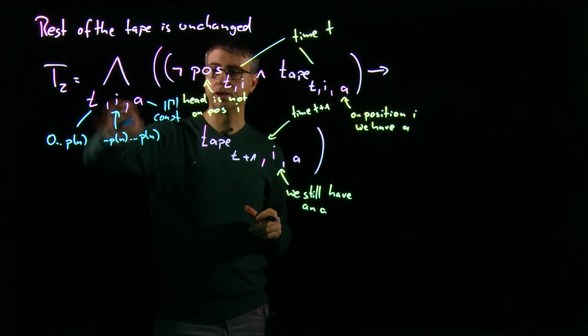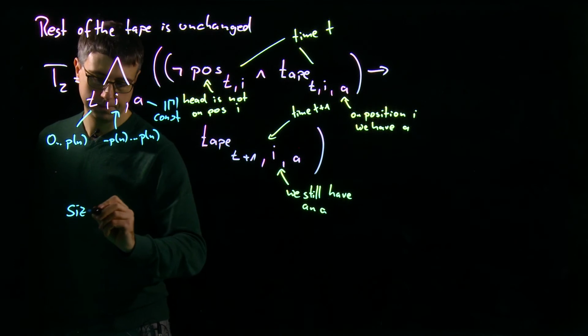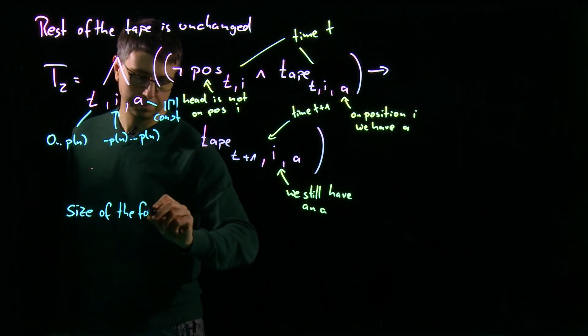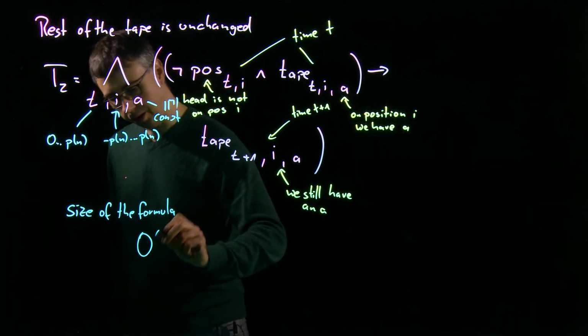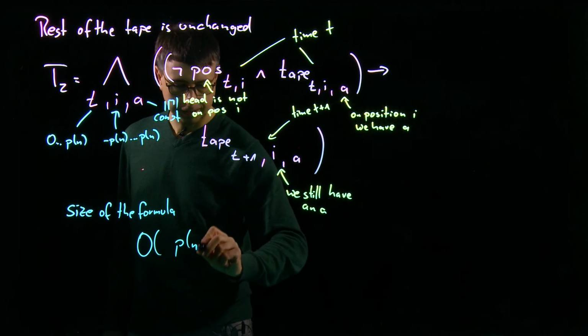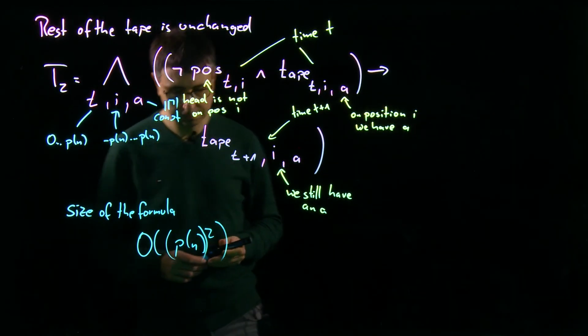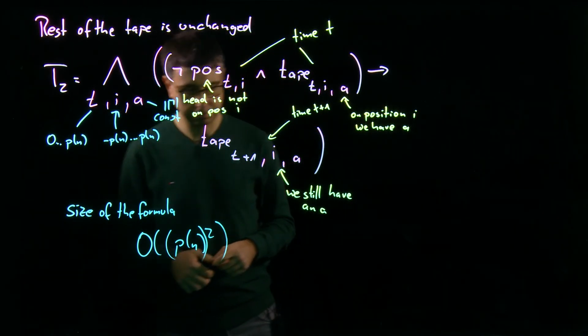And again, as we consider all the pairs, the size of this subformula is in the order of p of n square, because of taking all the possible combinations.